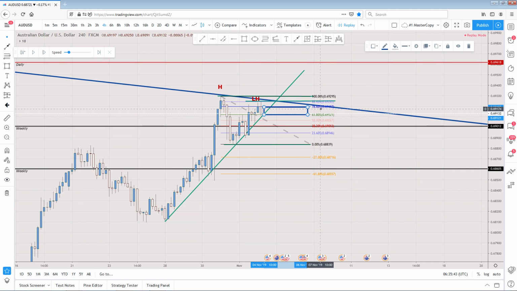Remember, 78.6 and 61.8, and we're forming a bearish engulfing. So I'm just going to delete this guy to clear it up a bit. So here we formed a bearish engulfing where it looks like we're exiting out of this 61.8, but we haven't broken this trend line yet.